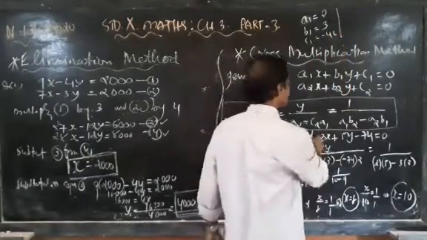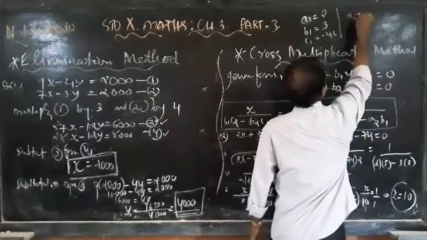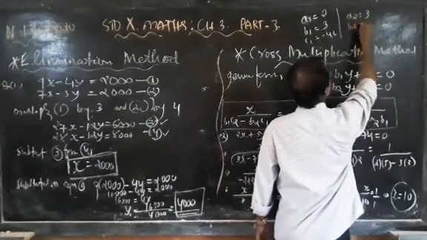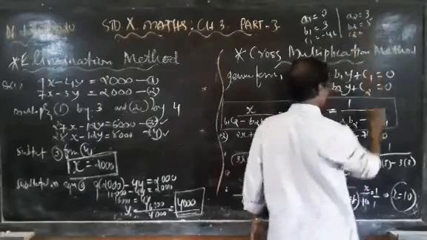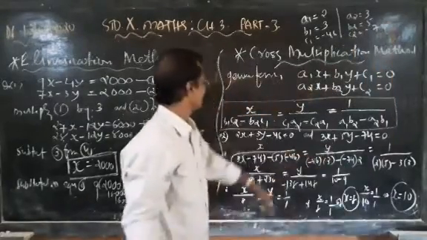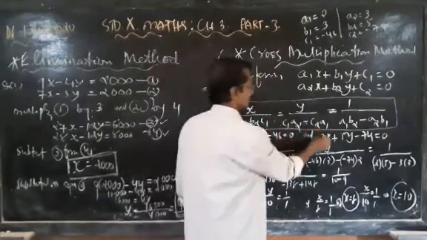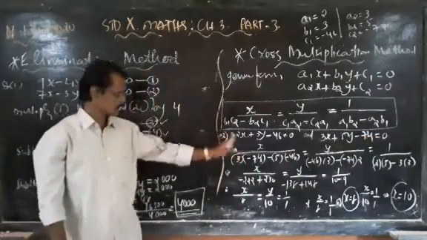Now the second equation is 3x plus 5y minus 74. From this, a2 is 3, b2 is plus 5 and c2 is minus 74. So you can find out a1, b1, c1, a2, b2, c2 from the equation.